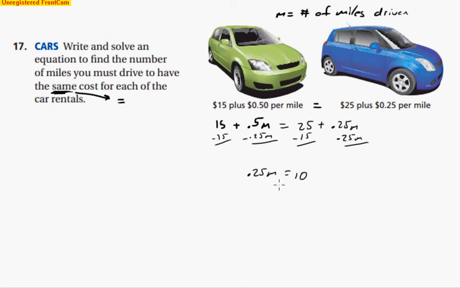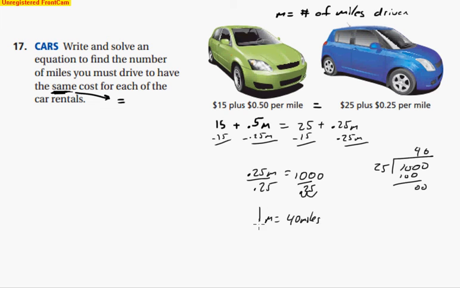Now I'm going to divide by 25 hundredths, and I'm moving that decimal point over 2 spaces, adding 2 zeros here, and I'm going to do 25 into 1,000. 25 goes into 100 4 times evenly, and then I still have this 0, so I bring that 0 up. My answer is M equals 40. So after 40 miles, the cost will end up being the same.